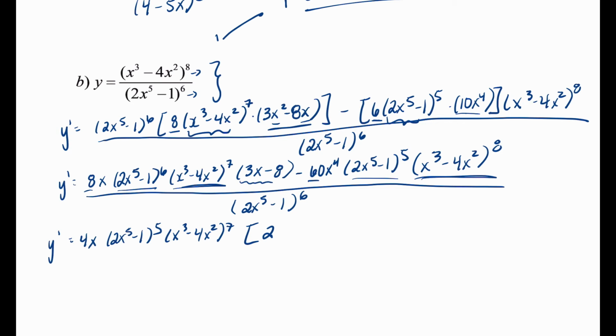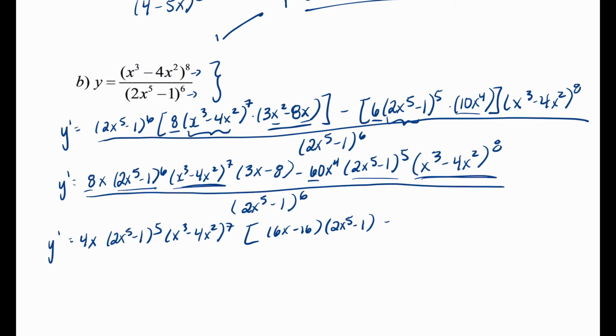I also have 3x - 8, so I'm actually going to put them together right now. 2 times 3x is 6x. 2 times negative 8 is negative 16. So I have this term. And I also have my 2x^5 - 1, that wasn't taken out at the beginning. So that's my first part.